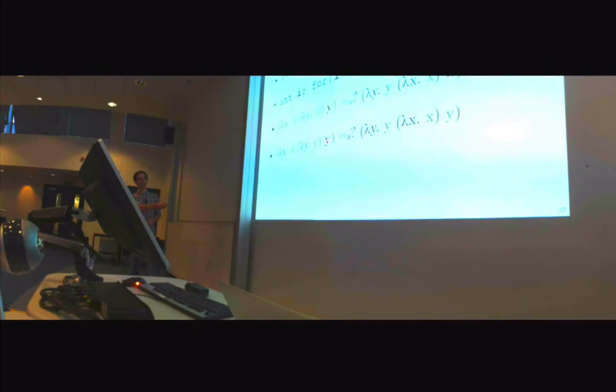This y is still free. But note now that this y over here is bound because it occurs inside this lambda y. Okay? Which means that these terms are not alpha equivalent because we've fiddled around with the free variables. So what started off as quite an intuitive, natural concept has actually become a little bit subtle.